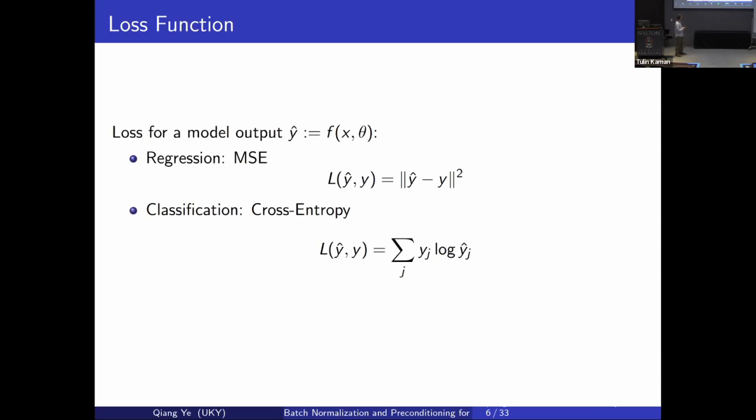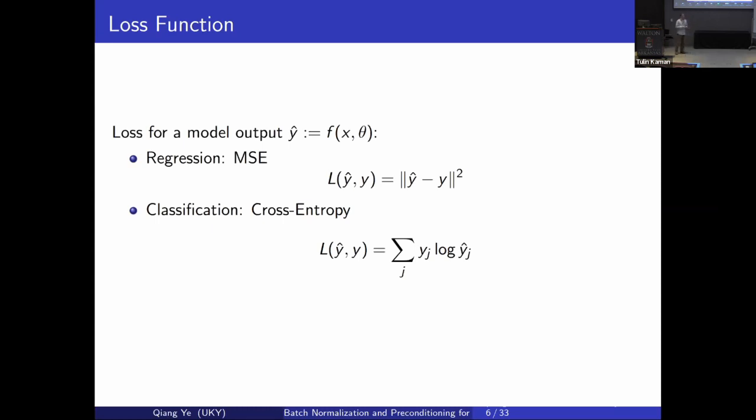And then we want to define a loss. The loss depends on the task that you have. If you have a regression task, the output y is a real number. Then the typical loss is the 2-norm of the error vector, or mean square error if you take the mean loss.